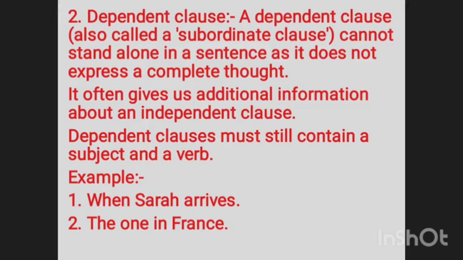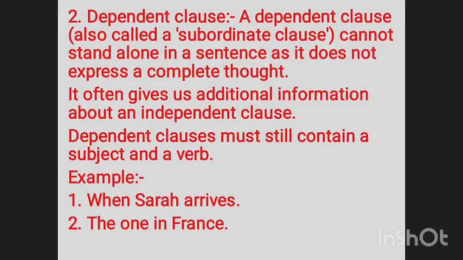But most often, a dependent clause gives us information about the independent clause. And mind you, another name for independent clause is the main clause. So the dependent or subordinate clause gives us information about the independent clause.